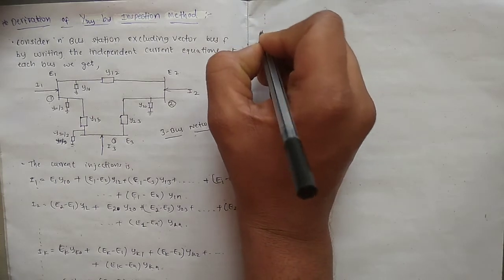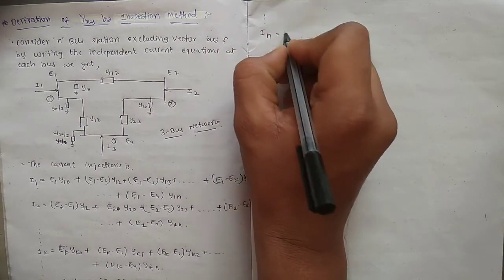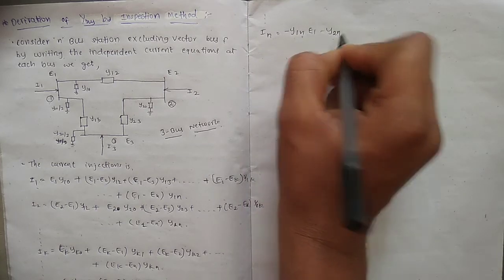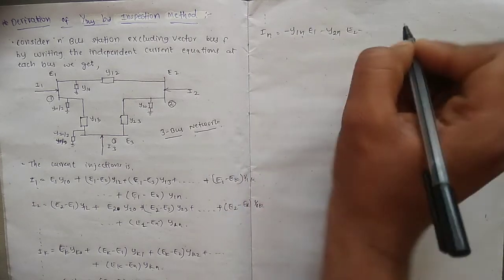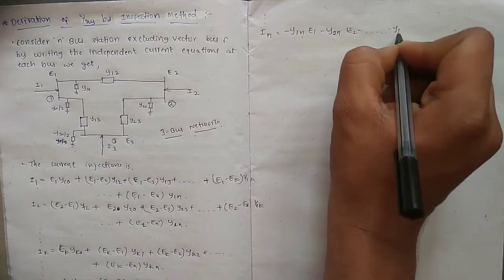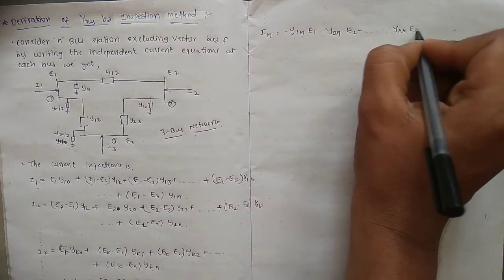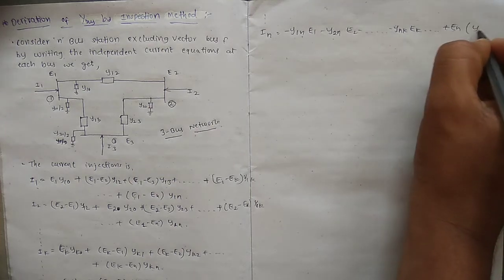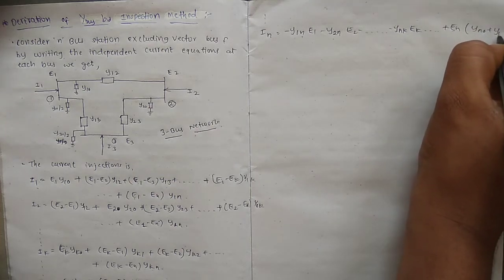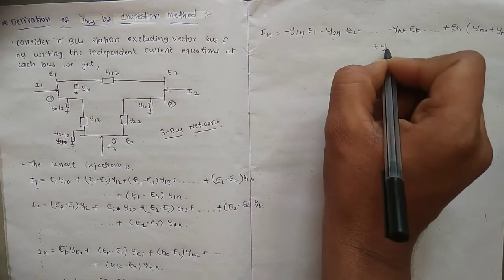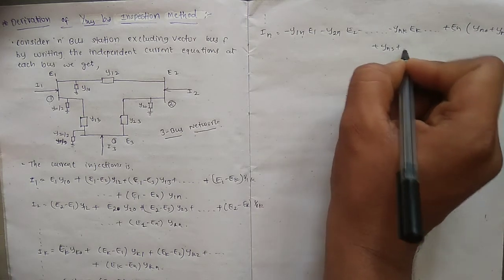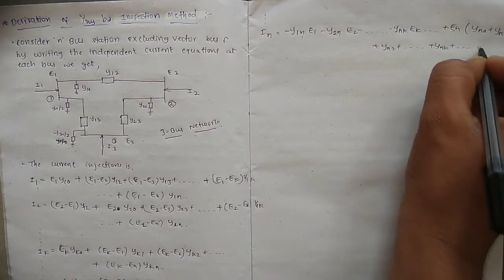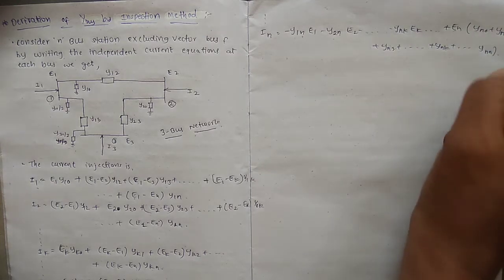And so on for the nth current: minus Ynk into Ek, and so on, plus En into (Yn0 plus Yn1 plus Yn3, and so on, plus Ynk, and so on, plus Ynn).